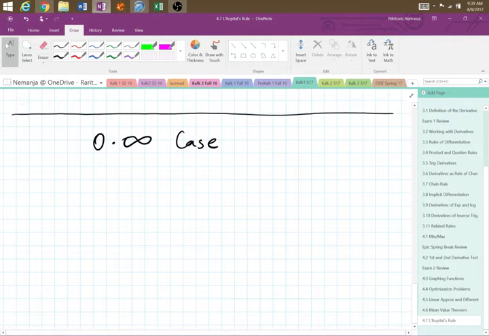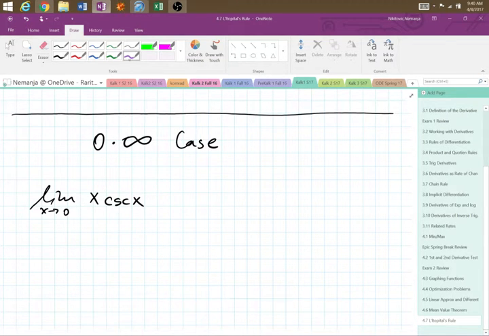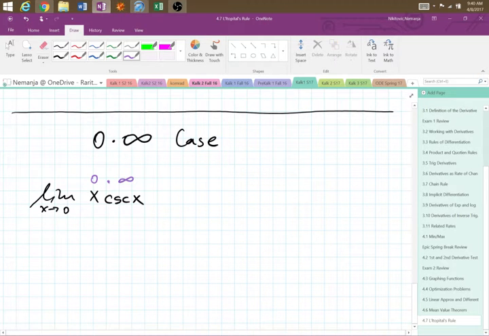So to give you an example, say the limit of x times cosecant of x as x goes to 0. So this is a 0 times infinity case.